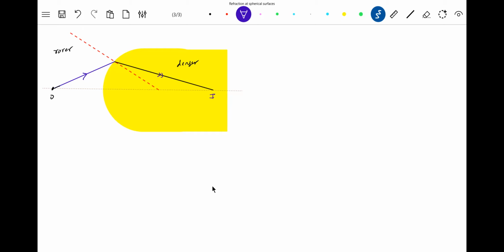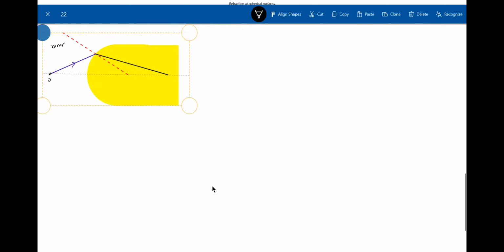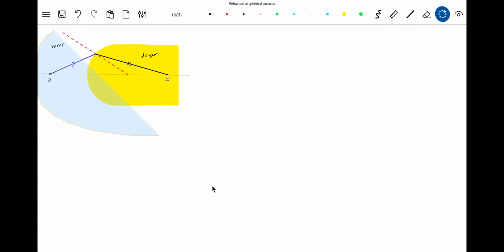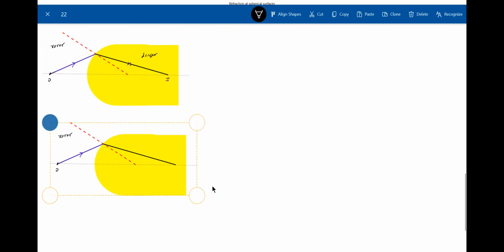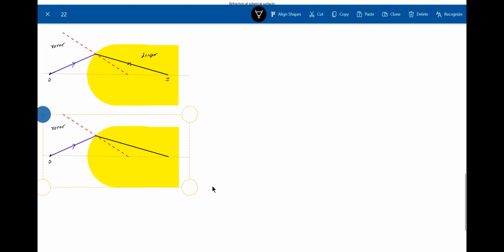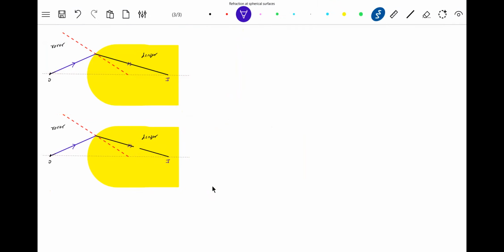Now a situation can happen where the object is kept in the rare medium and the image is formed in the denser medium. That's what you're seeing. Now I can bring a situation where it is still a denser medium.